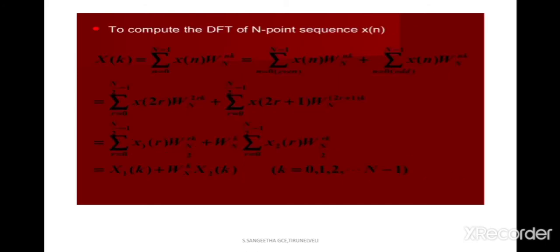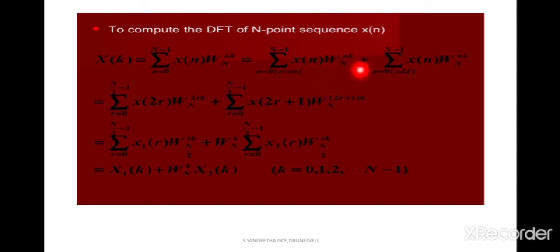So for computing the DFT of the N point sequence x of n, we have X of k equal to the summation of n equal to 0 to N minus 1 of x of n W_N^{nk}, which equals the summation over even values of n plus the summation over odd values of n.